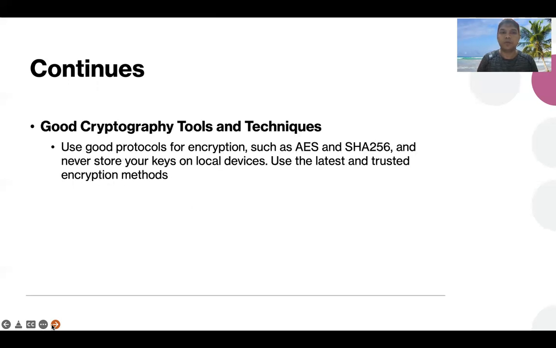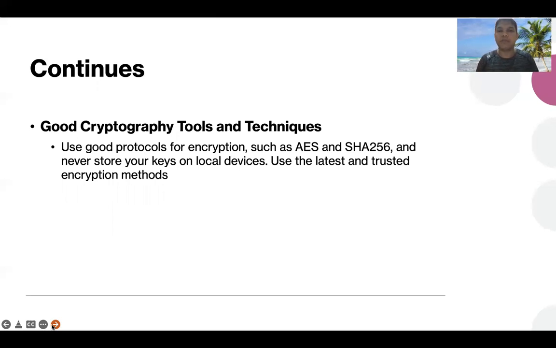The next one is to use good cryptography tools and techniques. As mentioned earlier, never use MD4, MD5, SHA-1.